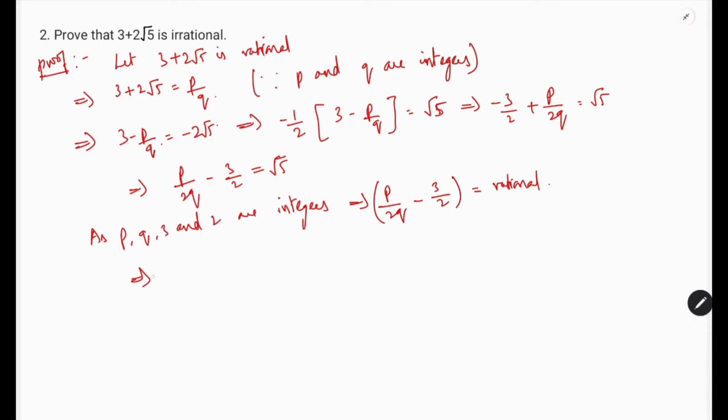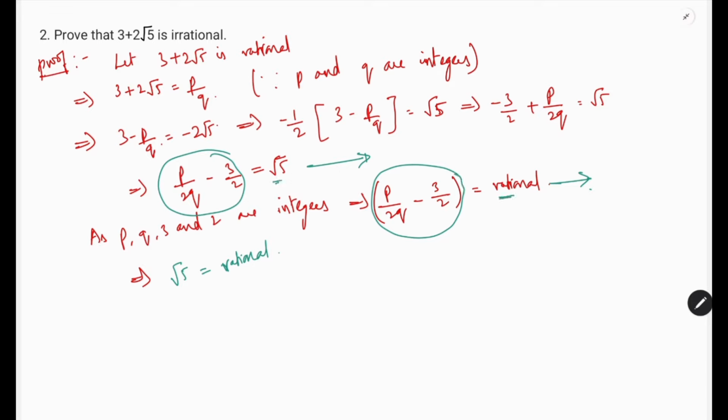From this statement and the previous one, we can say that root 5 is rational. If this one is equal to root 5 and the same is equal to a rational number, then root 5 is equal to a rational number.